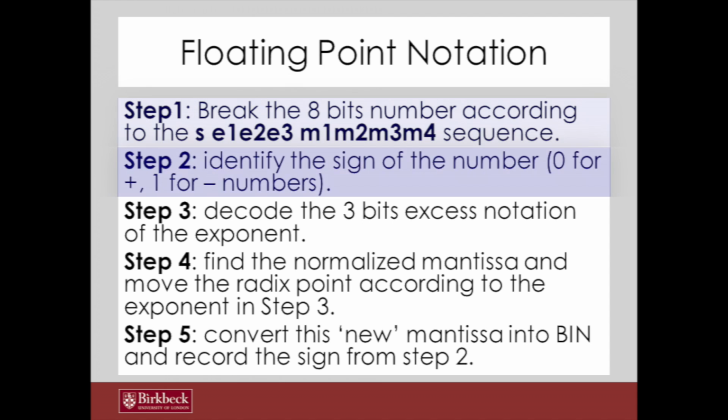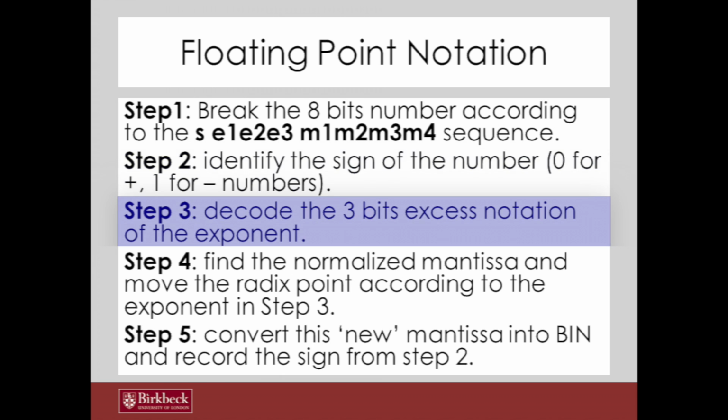Again, the easiest part will be to identify the sign. Remember, if the sign is 0, you've got a positive number, and if the sign is 1, you've got a negative number. Then you pick up the exponent and decode it back into decimal, knowing that this is in excess notation.